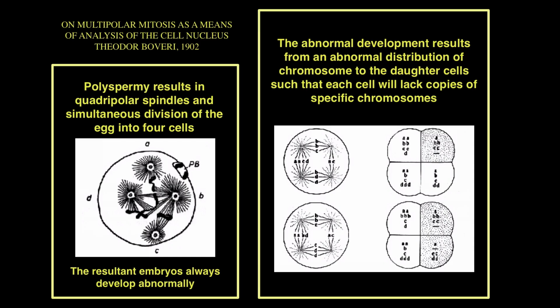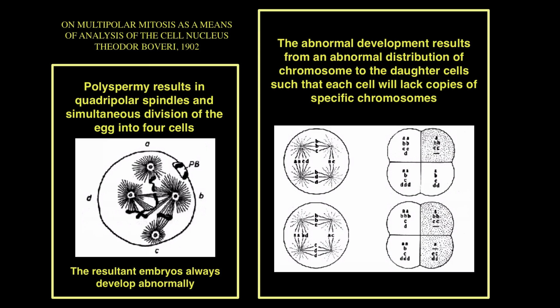And in a remarkable experiment, an insight into a tricky, difficult problem, Boveri chose to realize that it had been observed that polyspermy results in abnormal embryos. And the embryos are abnormal because the sperm, which would normally introduce 2 centrosomes, introduces 4 if you have 2 sperm, and that gives rise to a quadrupolar spindle.